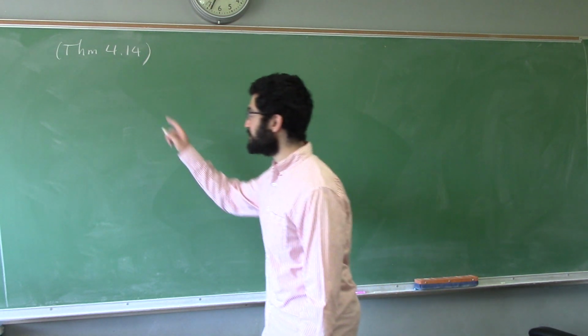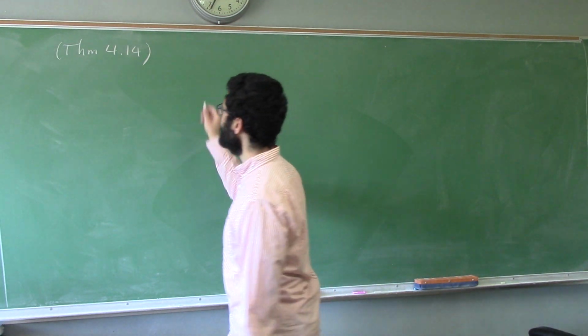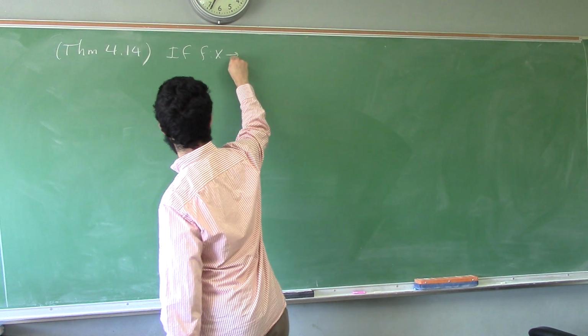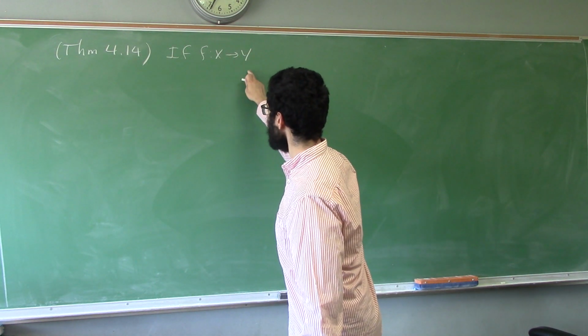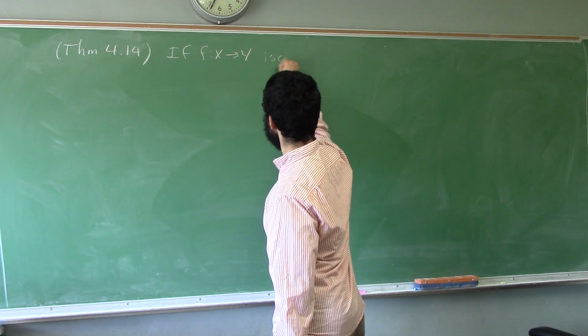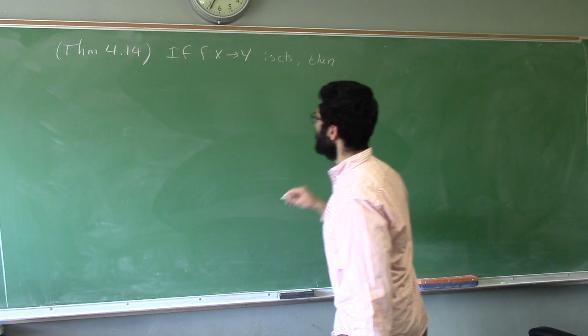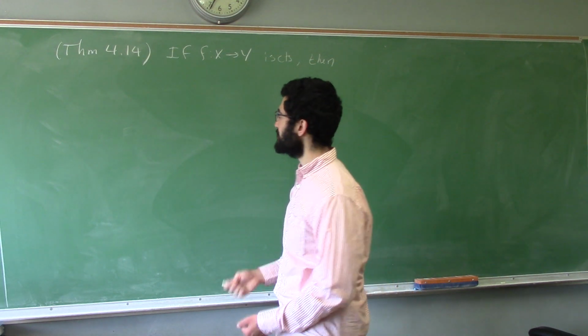Okay, so now we'll prove theorem 4.14 in Rudin, which is: if you have a continuous function from one metric space to another, then the image of a compact set is always compact.